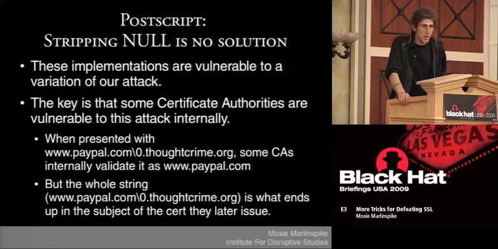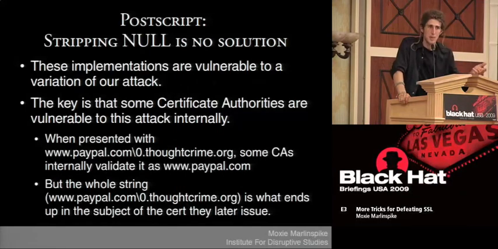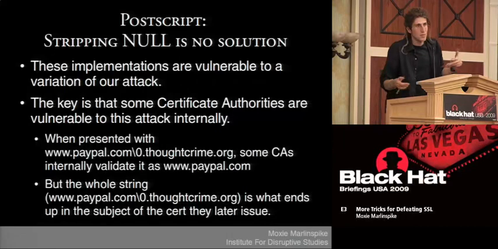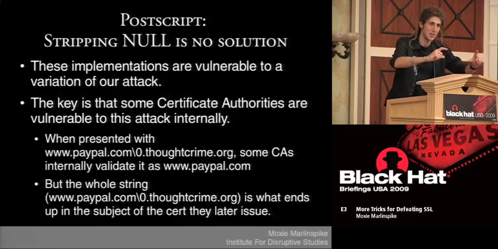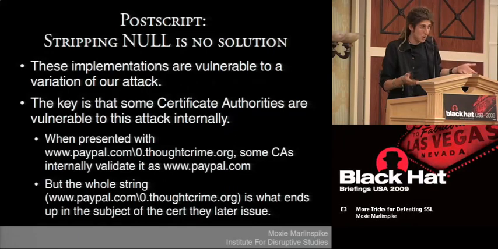So for some certificate authorities, if you present www.paypal.com null character .thoughtcrime.org, they will internally validate it as www.paypal.com and send an email to www.paypal.com. But if those people say everything's cool, what will end up in the certificate issued to you is the entire original subject: www.paypal.com null character .thoughtcrime.org.